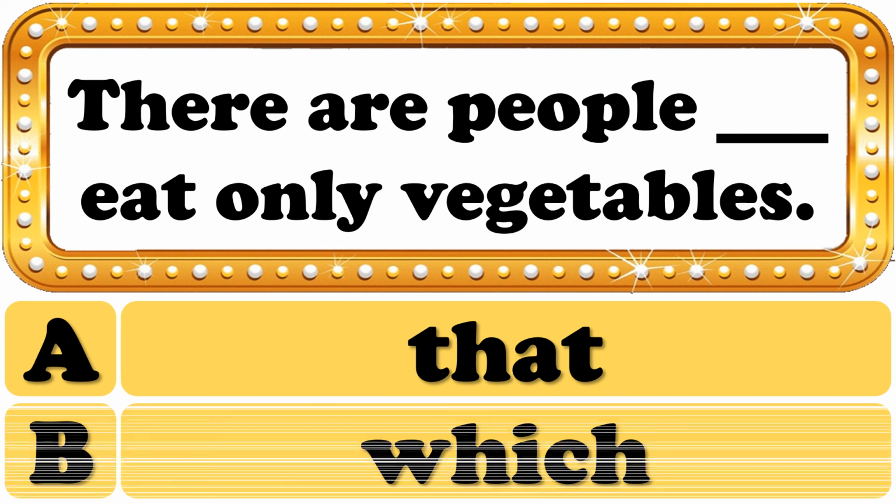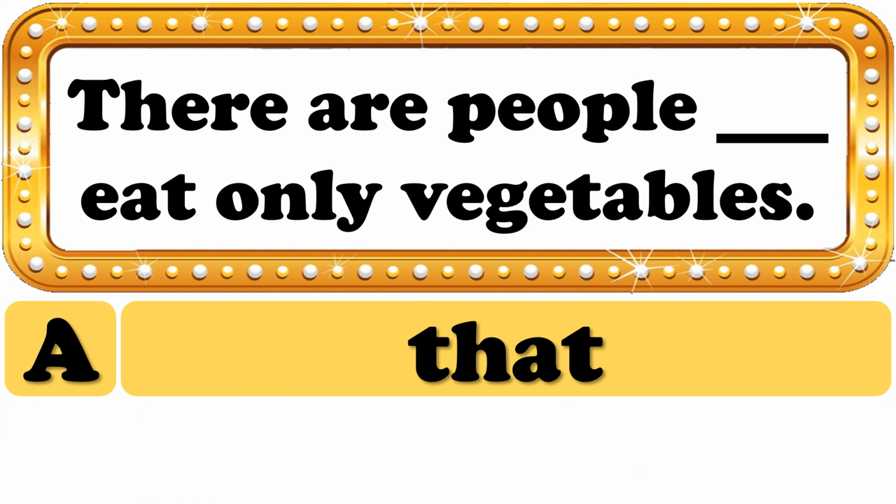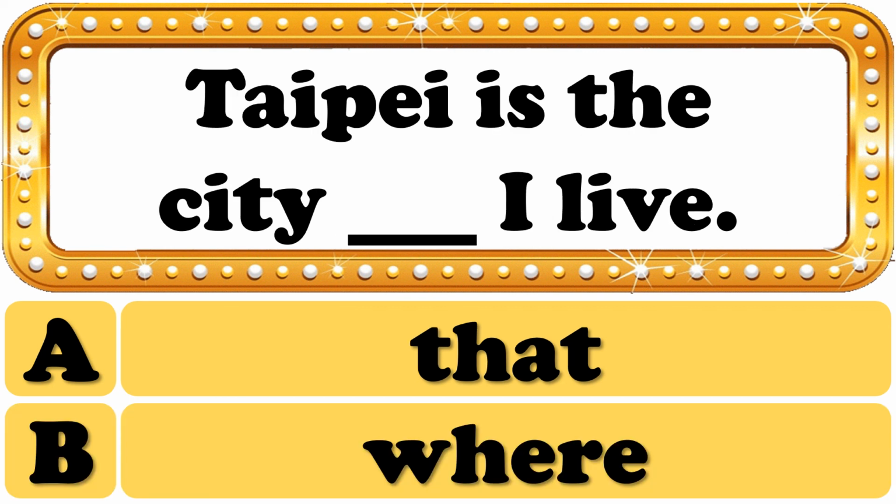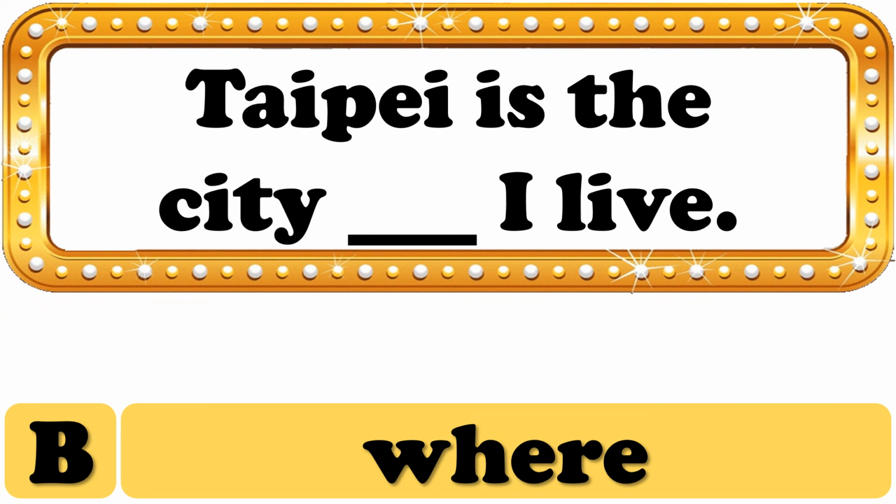The answer is A. So instead of who, we can also use that. So there are people that eat only vegetables. They're called vegetarians. How about this one? A or B? Remember, we can't use that, so it's not A, it's got to be B. Taipei is the city where I live.